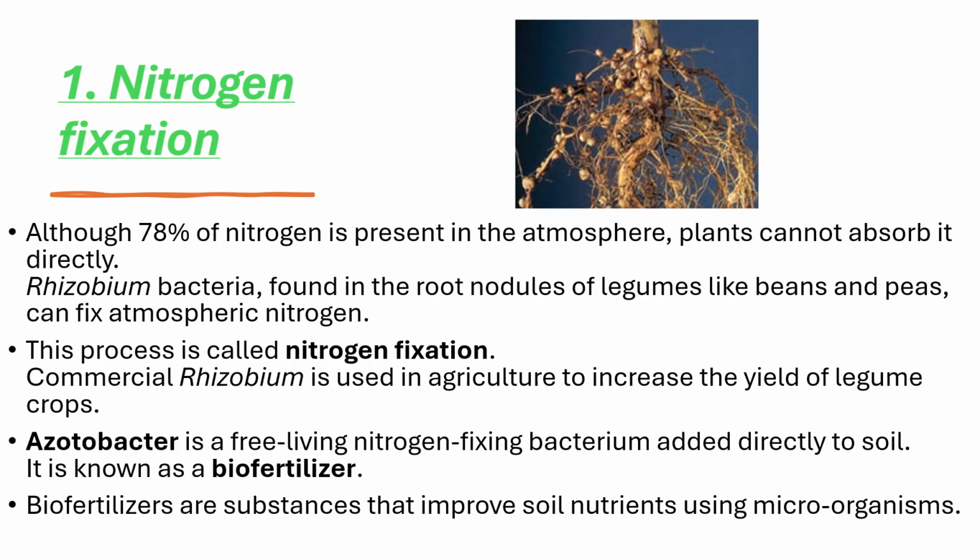Commercial Rhizobium is used in agriculture to increase the yield of legume crops. Azotobacter is a free-living nitrogen-fixing bacterium added directly to soil. It is known as biofertilizer. Biofertilizers are substances that improve soil nutrients using microorganisms.